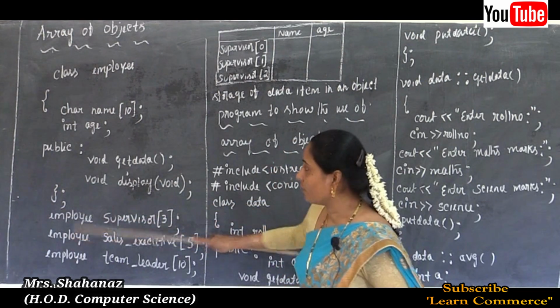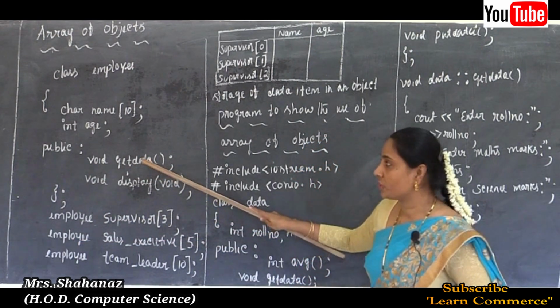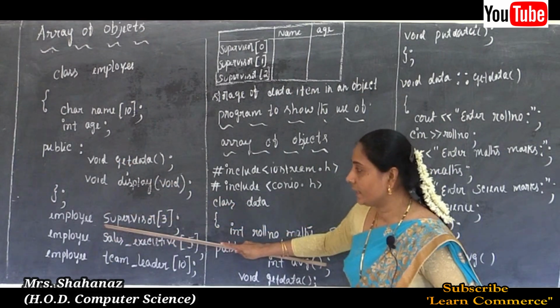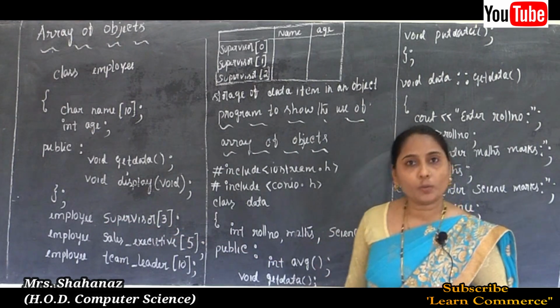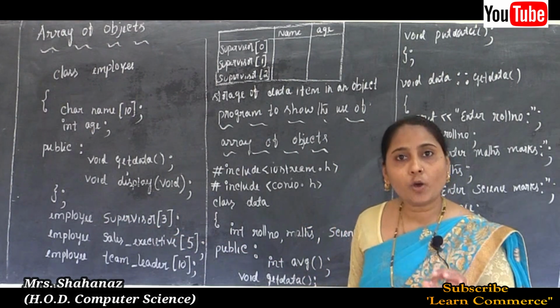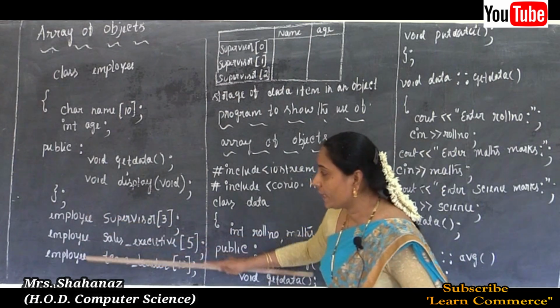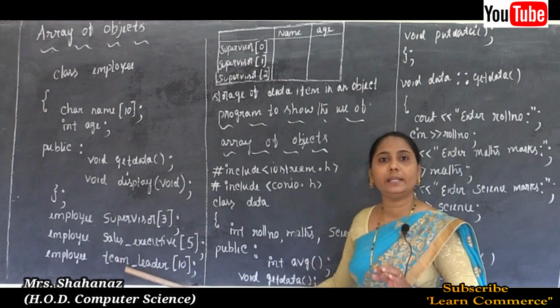After the class definition, this one is called the declaration of the function, and later whatever we declared we are going to define, and next in our main function we are going to declare the objects. So the array of objects is declared after the class definition and defined in the same manner like any other array.